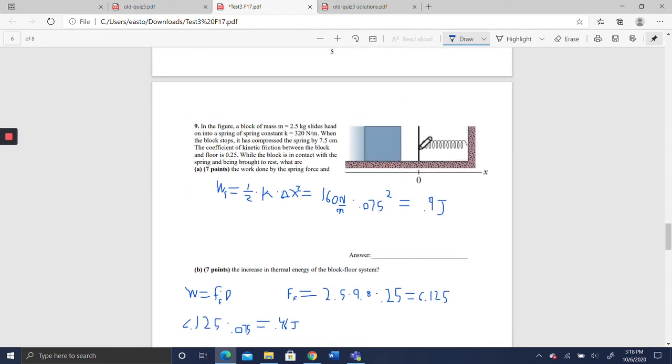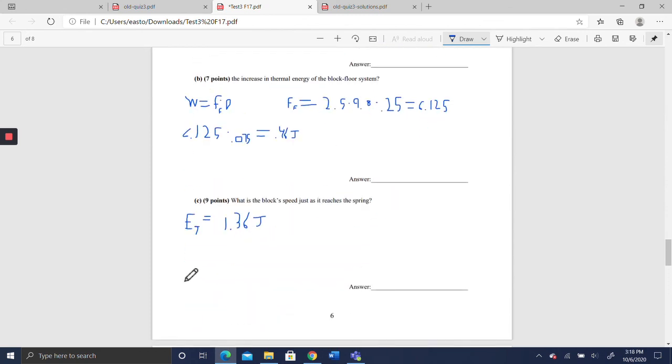Right here we can assume there's no potential energy, there's no height, so the kinetic energy at this point is also equal to 1.36 joules.